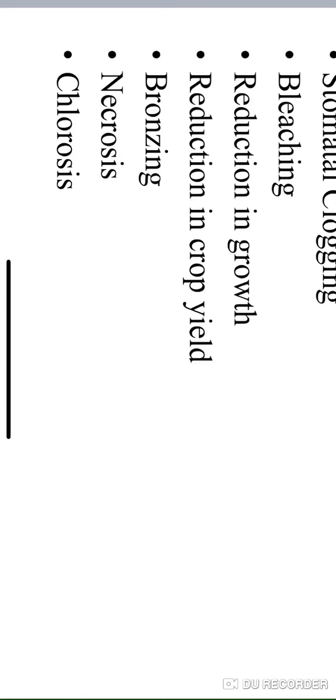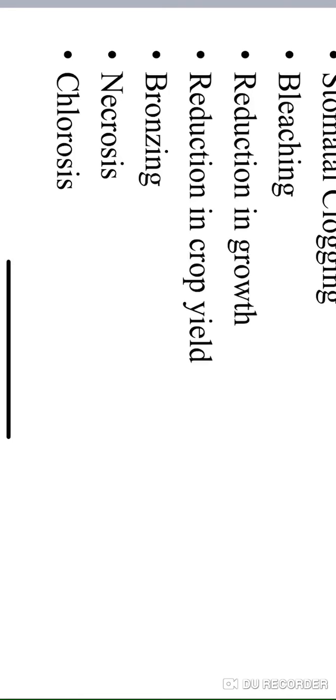Then the bleaching. Bleaching is nothing but a change in color. Usually the color of plants is green because of the chlorophyll presence and the photosynthetic activity. But sometimes due to air pollutants, it starts bleaching, sometimes marginal bleaching or entire leaf bleaching, converting the leaf into a yellowish color.